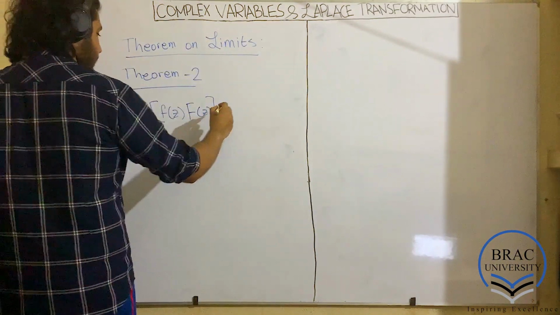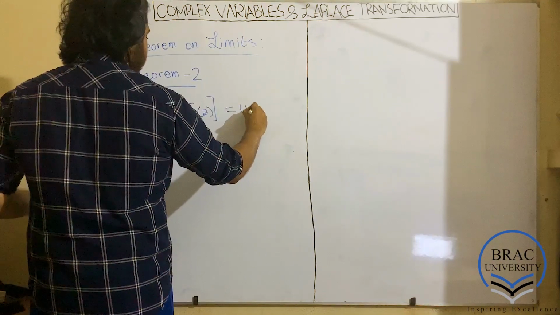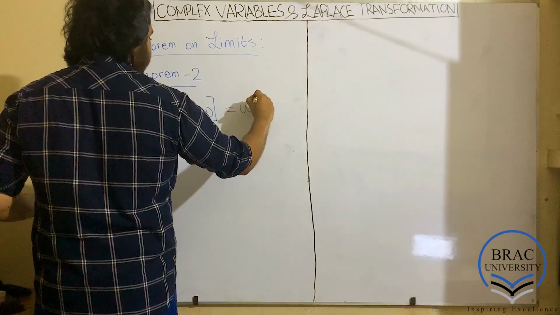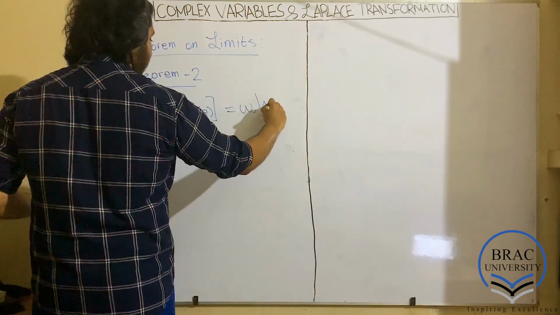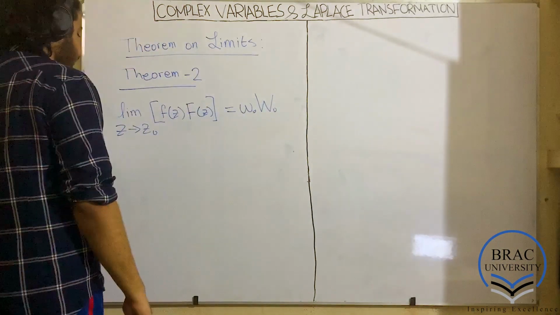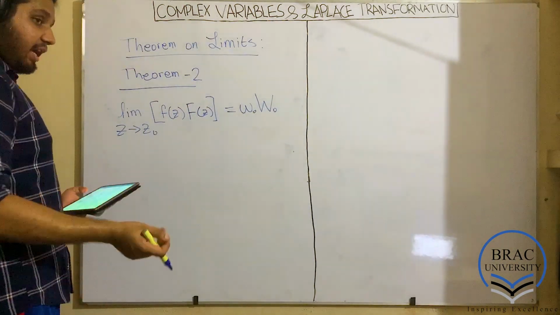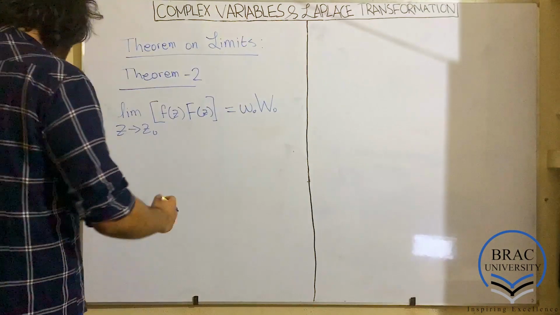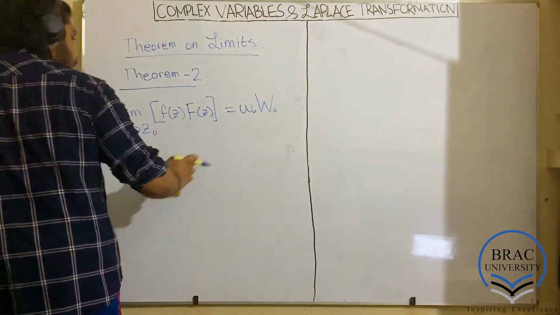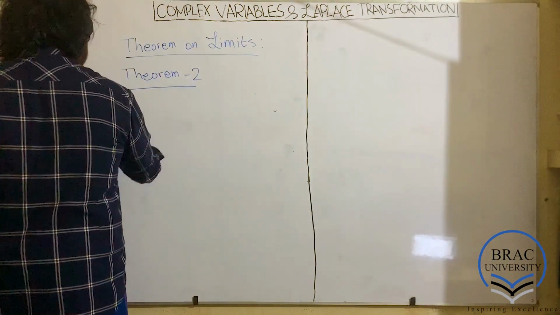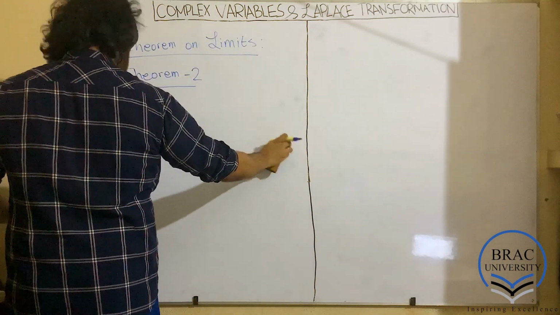This is the same as multiplying small w naught times capital W naught, in similar fashion to how we did with addition. And also, we shall see, if you divide these functions, they hold the same properties.